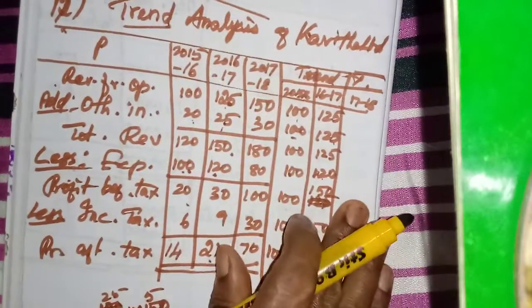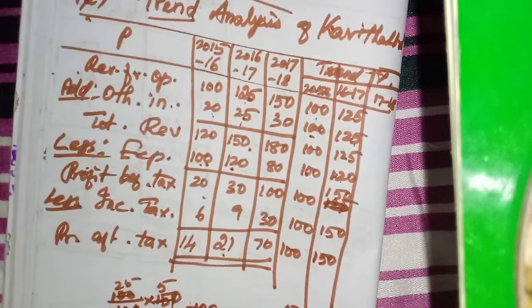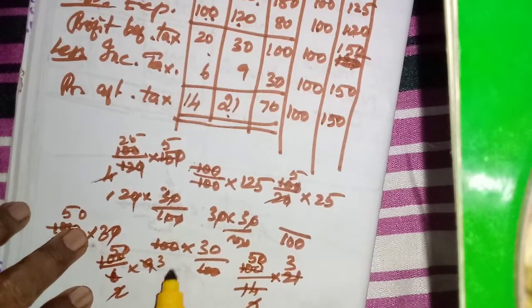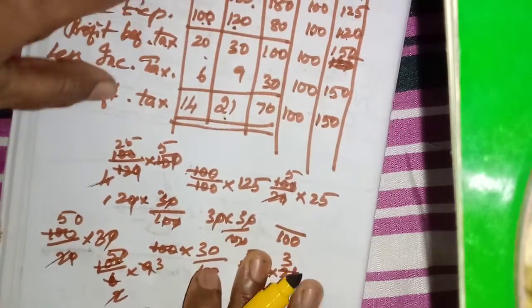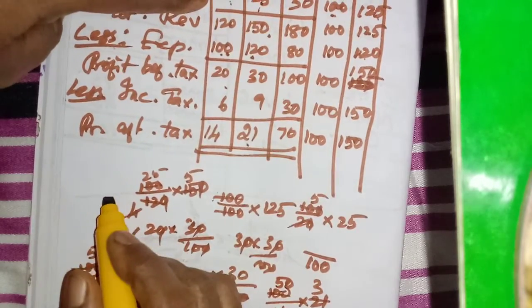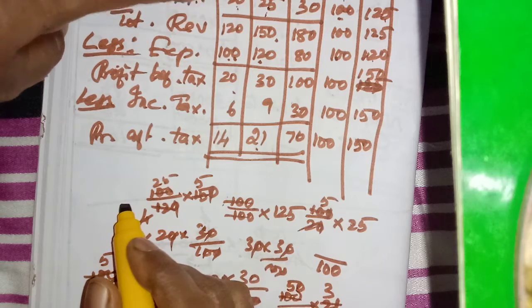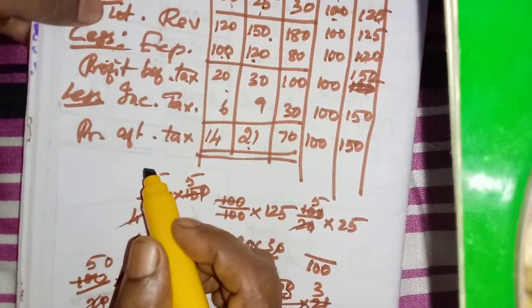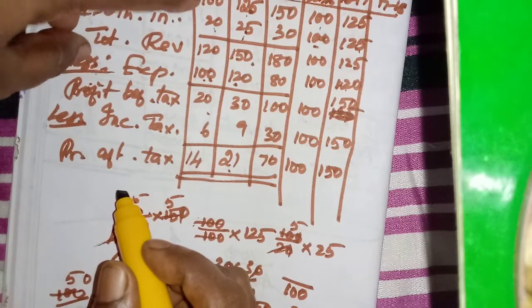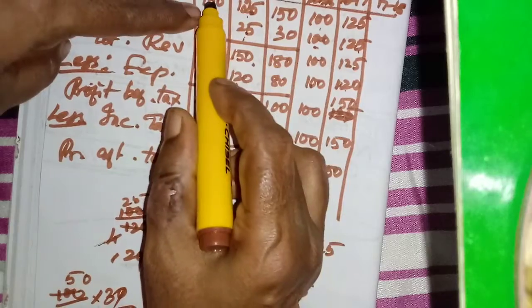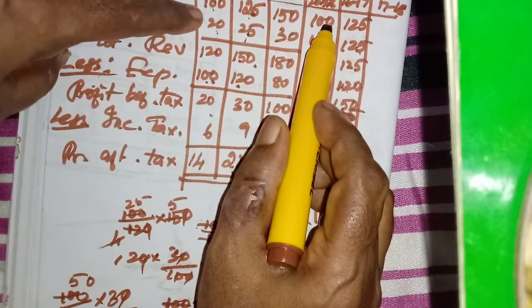Then for the next year we need to calculate. This calculation you should do very carefully. The extra paper we have to keep ready, isn't it? For 100, this is 100.